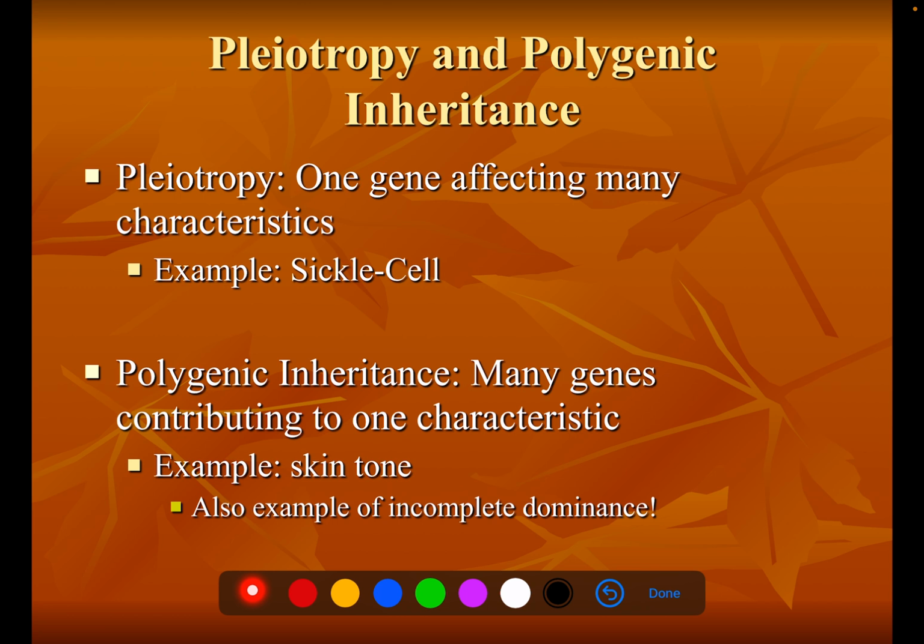All right, so one gene giving you many different phenotypes, that would be like genetic disorders. A lot of genetic disorders are like that. Metabolic disorders usually are the kind of disorders that we have. And that gene gives you multiple symptoms, and each one of those symptoms is a phenotype.